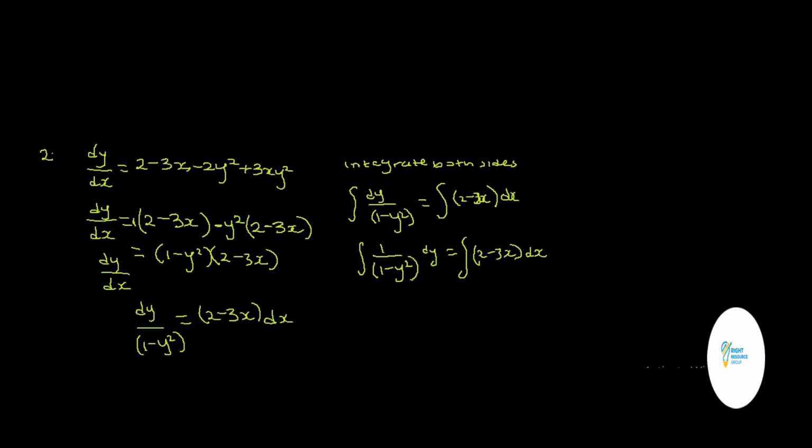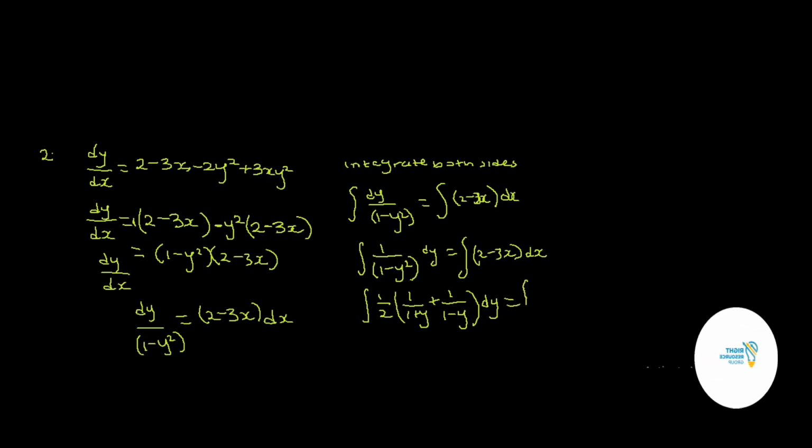Okay, good. To integrate something like this, we just have to use partial fractions. We use our partial fractions, we solve it, and by the time you solve something like this, we'll have the integral of 1 over 2 of 1 over 1 plus y plus 1 over 1 minus y dy equals the integral of 2 minus 3x dx.